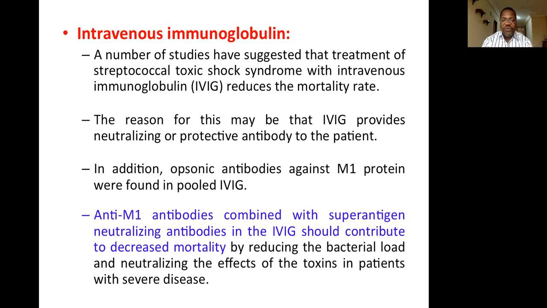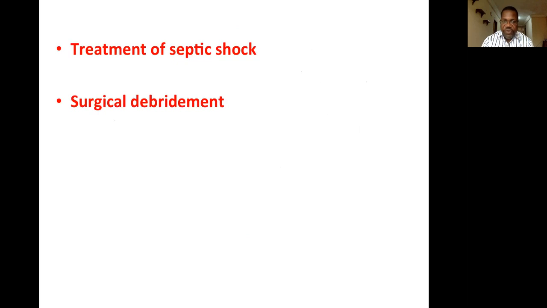You can also give anti-M1 antibodies combined with superantigen-neutralizing antibodies, and the IV immunoglobulin should contribute to reducing mortality rather than relying on antibiotics alone. Then you manage septic shock: give fluids, you resuscitate, you put the patient on vasopressors, and you monitor the serum lactate level. And you extensively do surgical debridement. You often take this patient to theater for surgical debridement.